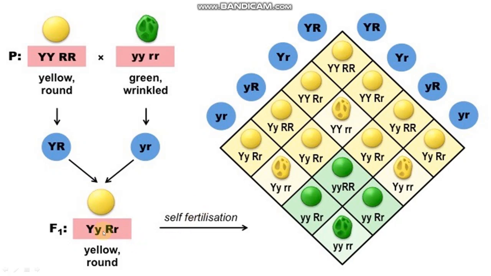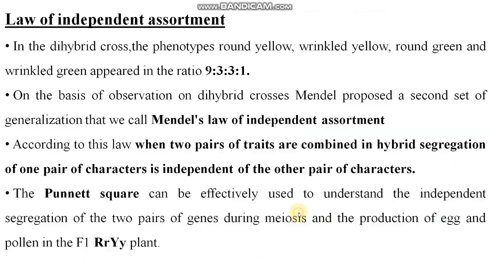After the self fertilization: capital Y capital R, this is here; small y small r, this is here; capital Y small r, this is here; small y capital R, this is here. As usual, the same genotypes will be there for the second parent, and then this Punnett square, the checkerboard, will be formed here. So I will clear it in the next slide.